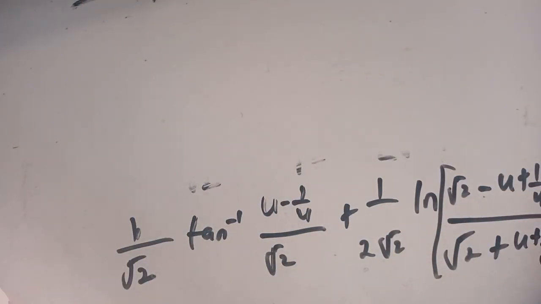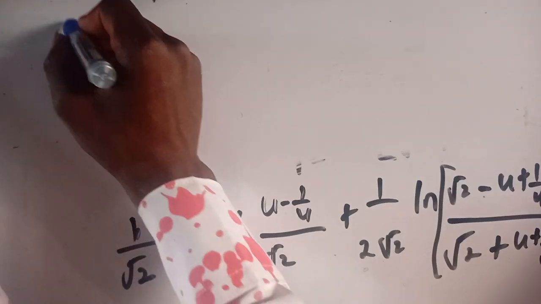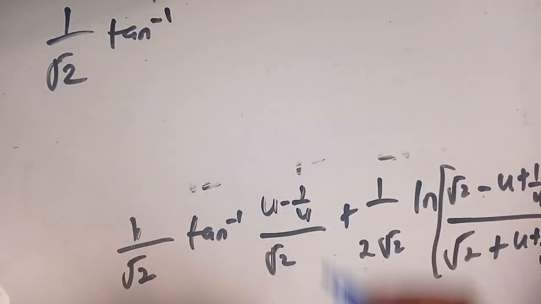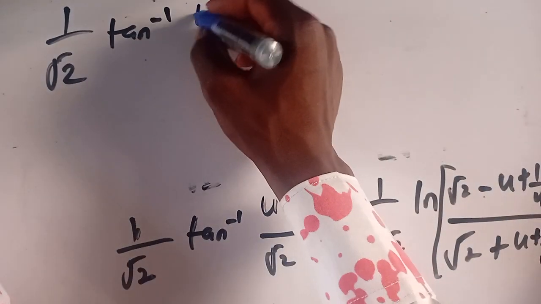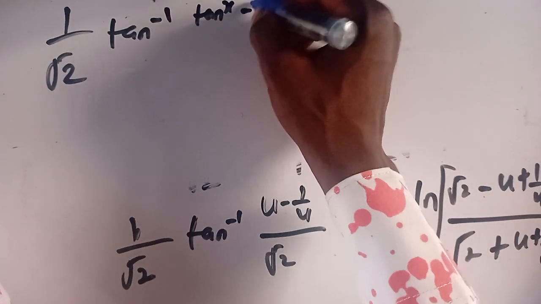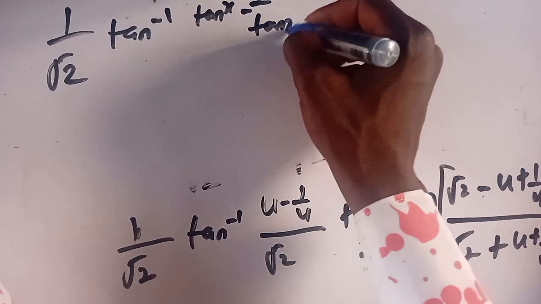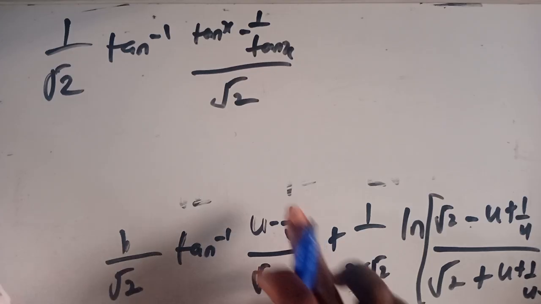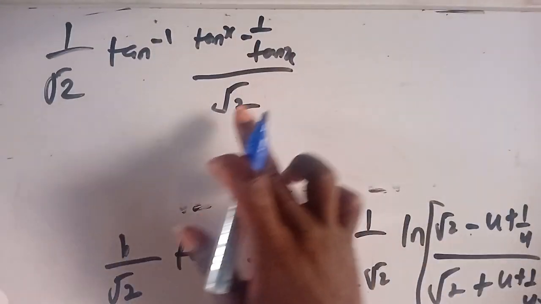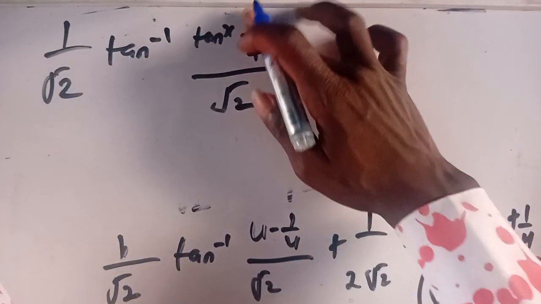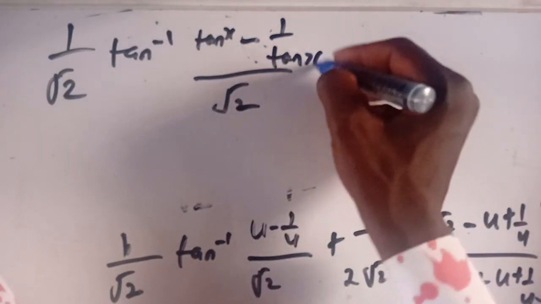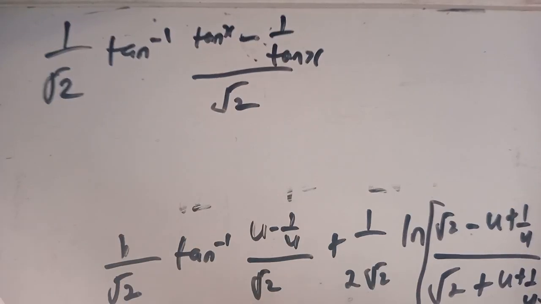From the beginning. So here the final answer now becomes 1 over root 2 tan inverse of tan x minus 1 over tan x divided by root 2. You can find the LCM there, there's no problem.